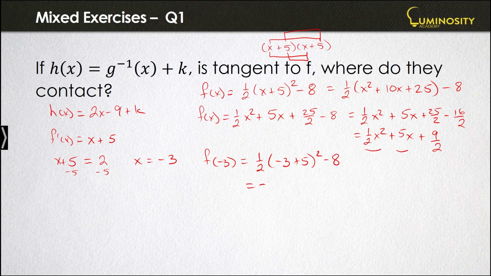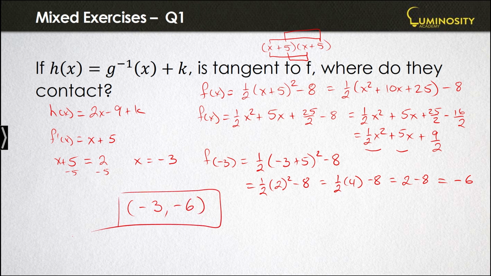Negative 3 plus 5 is just 2 squared minus 8. 2 squared is 4, so it's going to be 1/2 times 4 minus 8. 1/2 of 4 is 2 minus 8, and this is going to give us negative 6. So this means that they will contact at negative 3, negative 6.